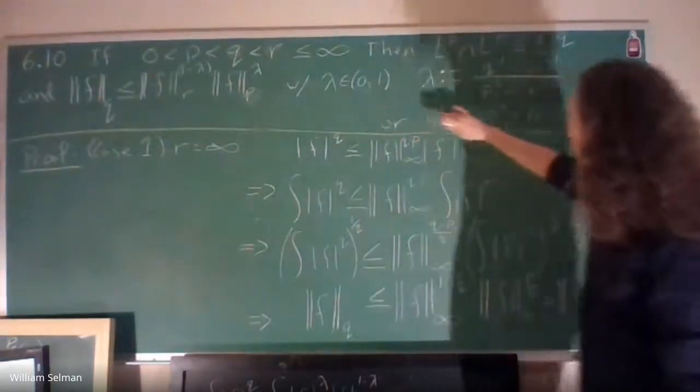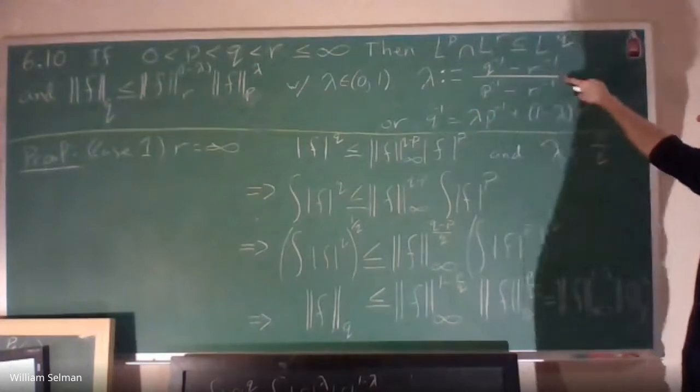Here lambda lives between 0 and 1 and is defined by this quotient.